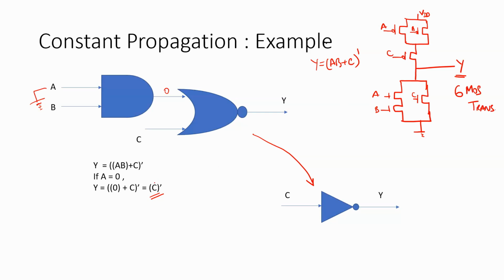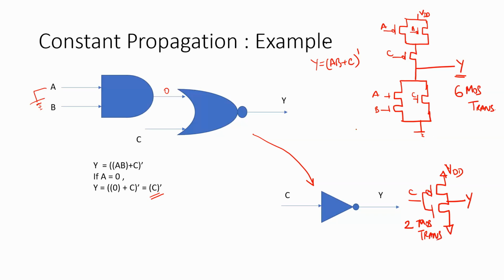Now if I simplify this, I'm getting an inverter. The inverter is going to be just simply this. So this is 2 MOS transistors.